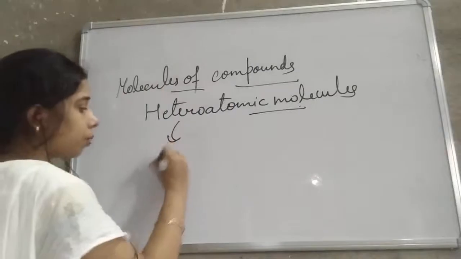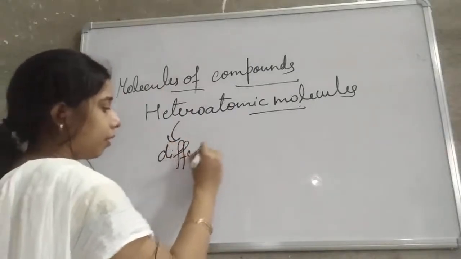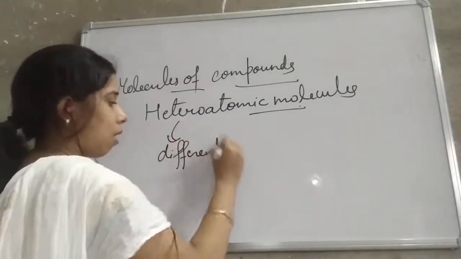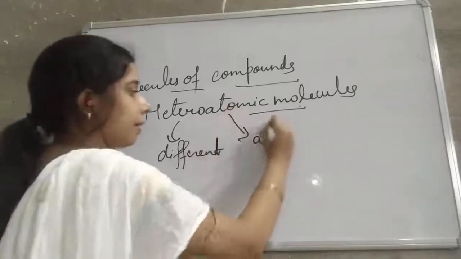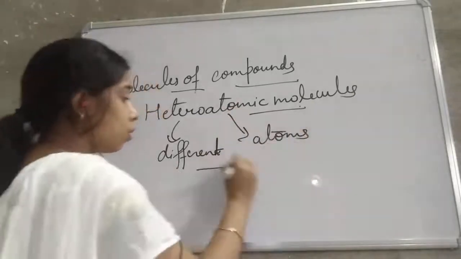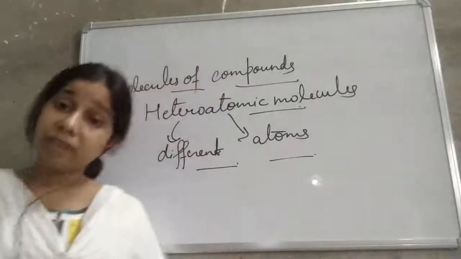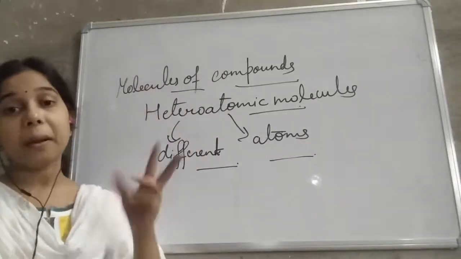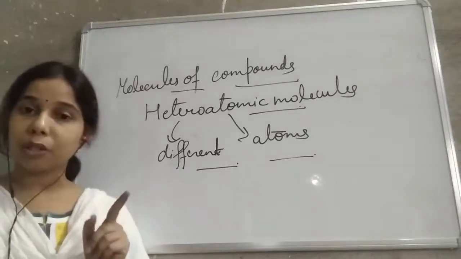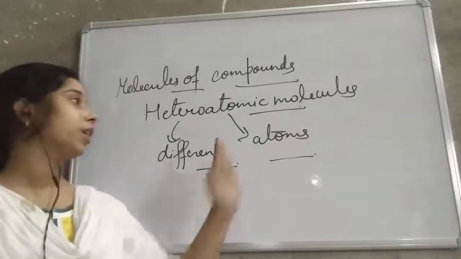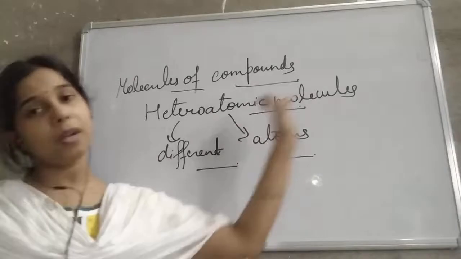Hetero means what, student? Different. Atomic means atoms. So when 2 or more different types of atoms combine together to form a molecule, that kind of molecule is known as a heteroatomic molecule.